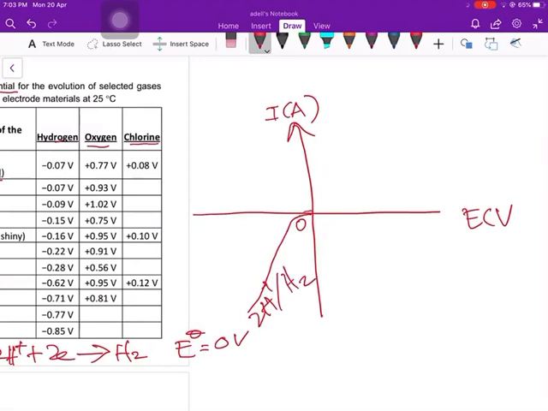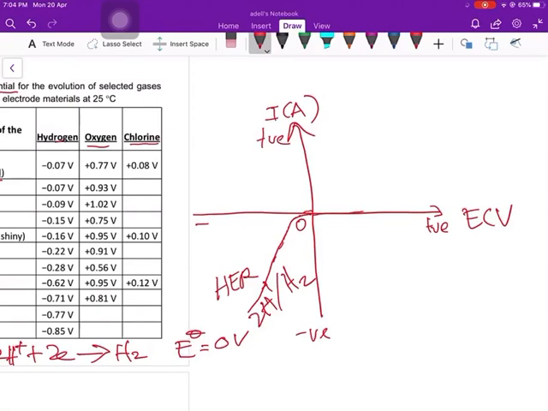You can see bubbles form at the cathode. This is the negative potential direction, and this is the positive potential direction. This is positive current and this is negative current. So this is hydrogen evolution, HER, the formation of hydrogen.